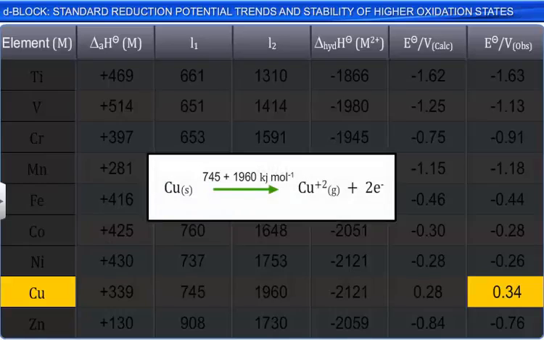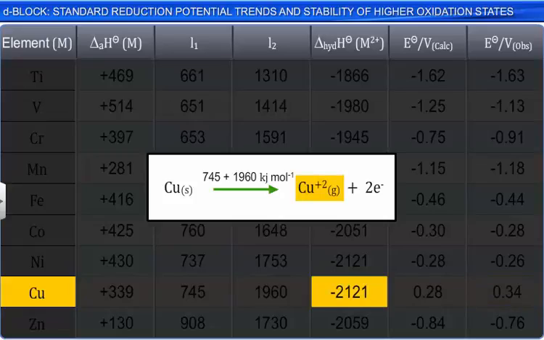The reason for this behavior is the high energy needed to transform solid copper to gaseous cupric ion, which is not exceeded by the hydration enthalpy of the ion.